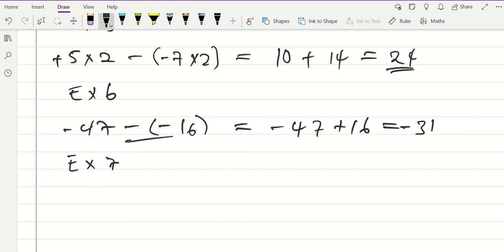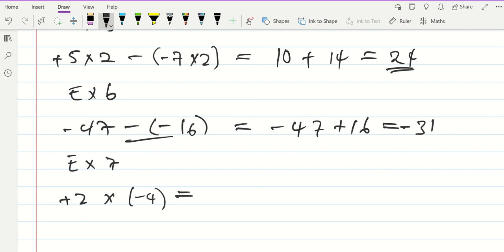Now, example number 7 is going to be just slightly a notch up. We are turning things up a bit. So that's plus 2 times negative 4.